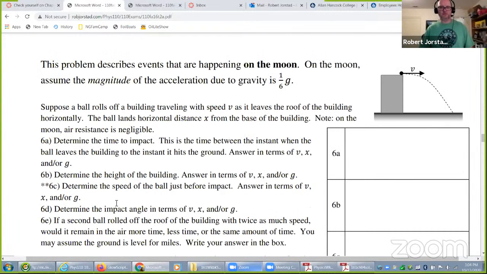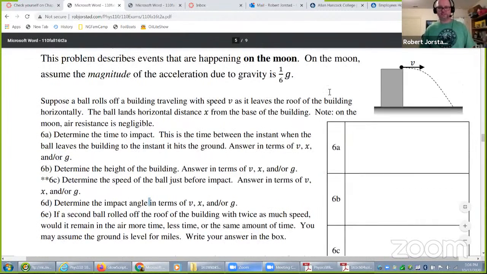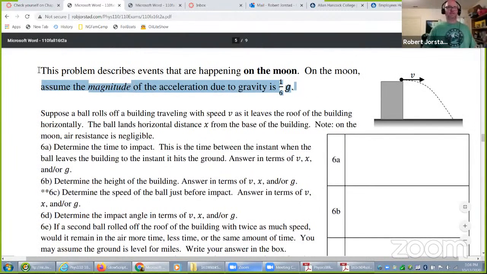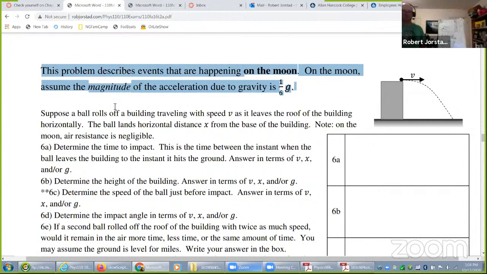Very similar. Let's see what we got here. So this one, it looks like I mixed it up on the moon. And I tried to stress this in really big font, because if you weren't reading that, you would screw this up and just think it was a standard problem. So let's take a look at this one.